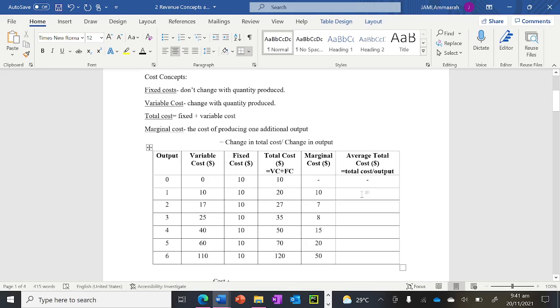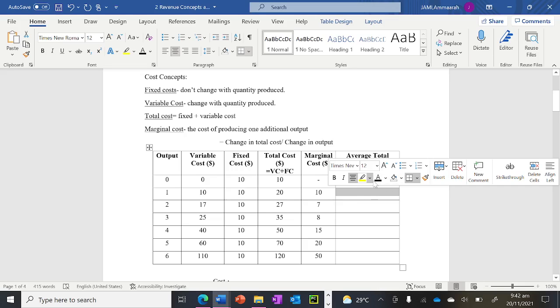For your total cost here, you would do total cost divided by output. So your total cost here will be 20, and your total units of output was 1. So you're going to do 20 divided by 1, which gives you 20.